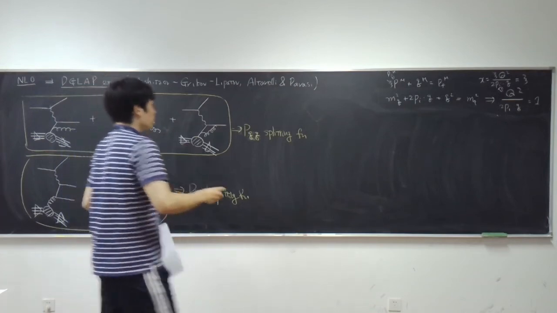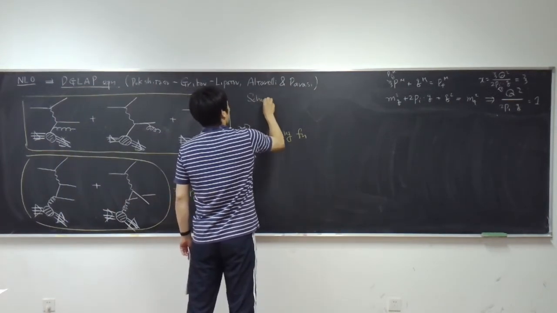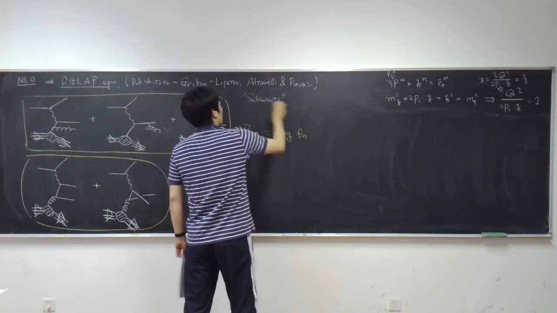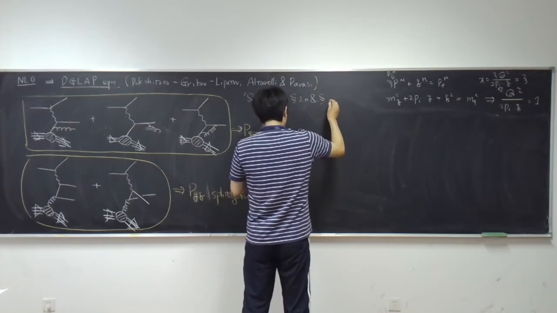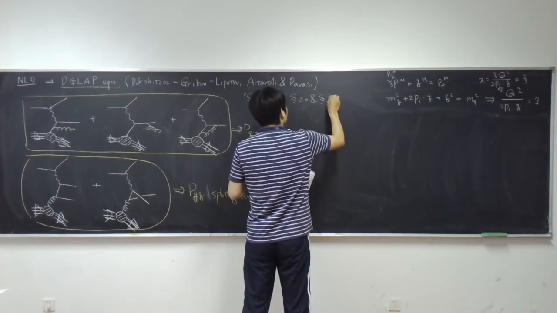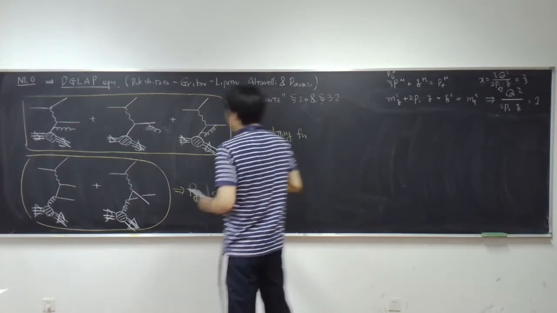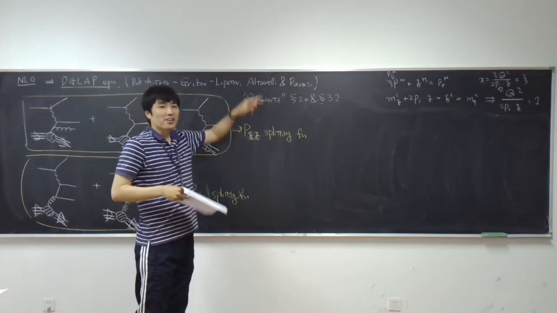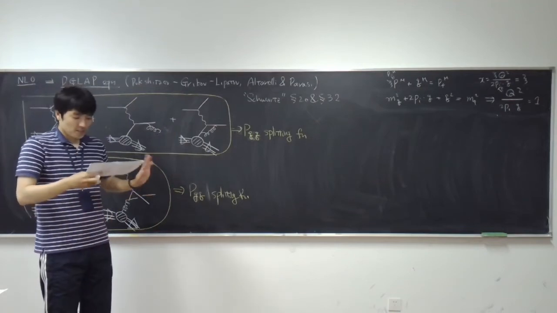Everything is done in Schwartz, and the calculation is really correct: Schwartz section 20 and section 32 for dimensional regularization. You can also take a look at the original paper by Altarelli and Parisi. It's the same.